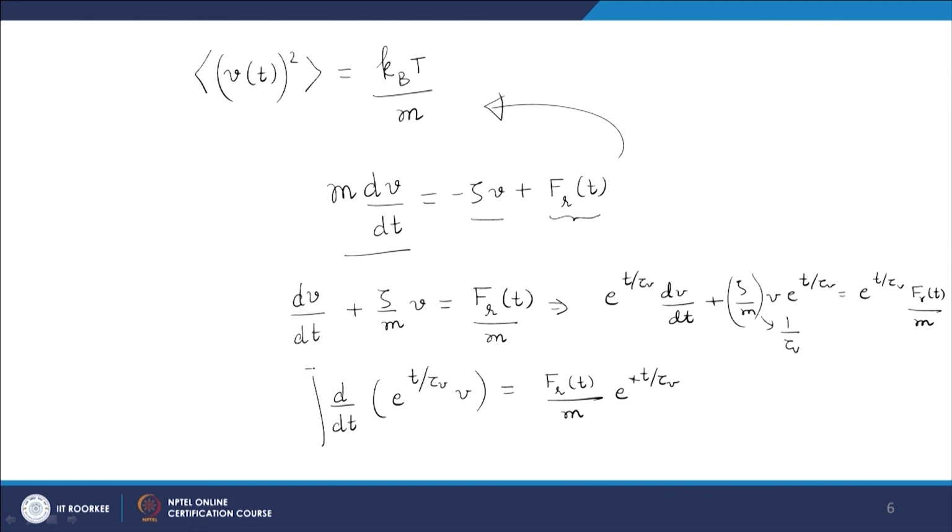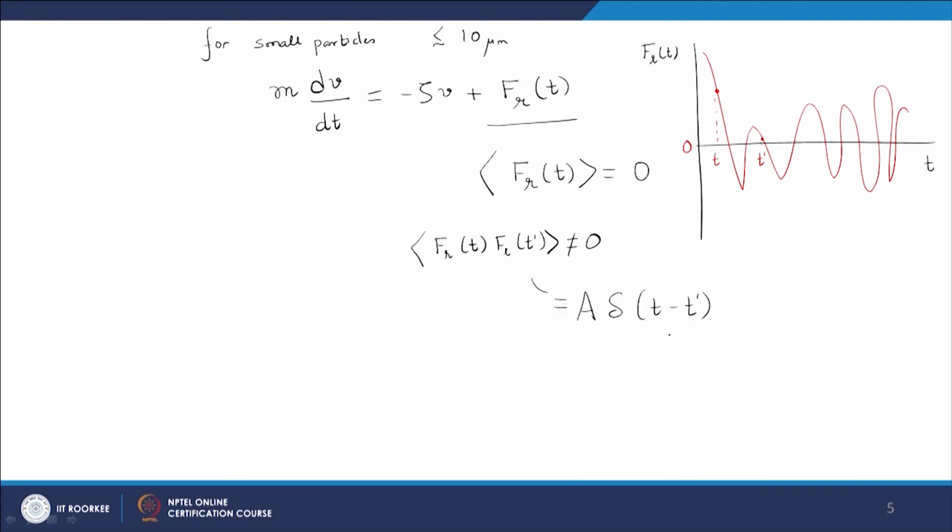Okay. So we will start from this particular point in the next lecture and then get the expression of A that we had in our relation we have assumed for the autocorrelation of F_R(t), that is the random function that we have introduced to characterize the Brownian motion of the free particle. So with that I conclude this lecture. Thank you.